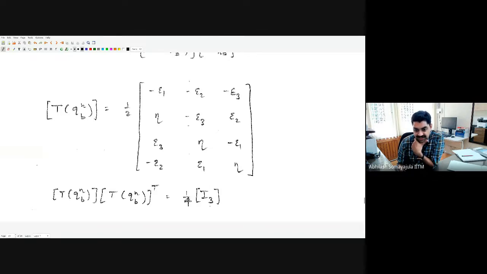Sorry, this should be a 4 cross 4 matrix. There's a mistake here. This should be I4, because T will be 4 cross 3 and T transpose will be 3 cross 4. So the resultant matrix should be 4 cross 4.